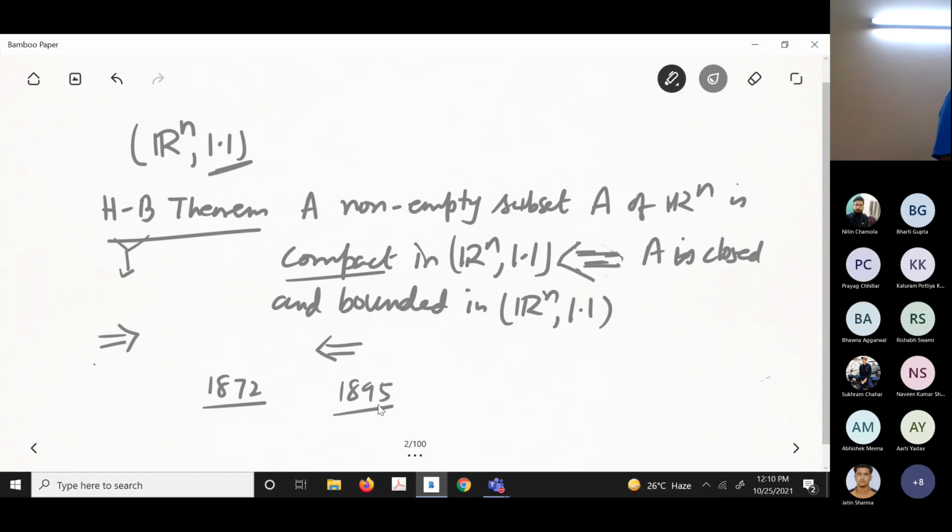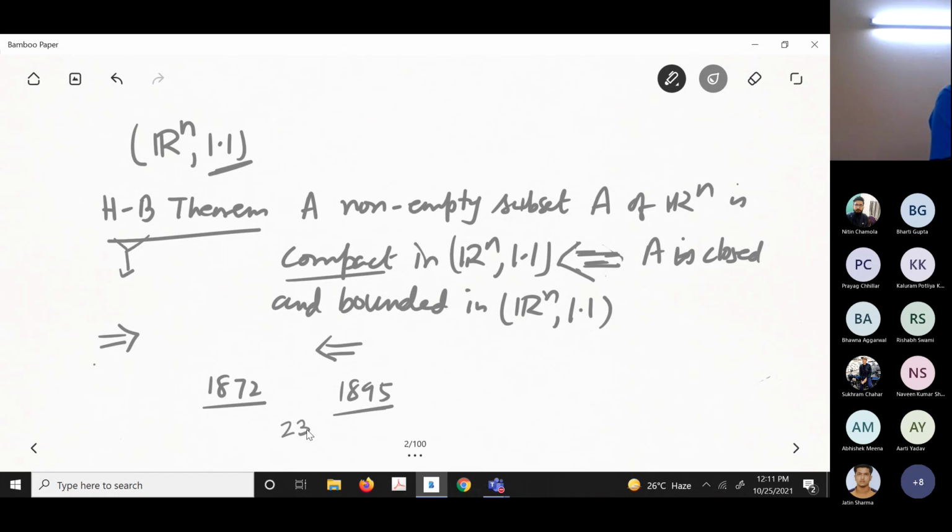So it required scholarship to discover the difference in contribution to this result between Heine and Borel. That is part of the history of mathematics. Why the two-name scheme, when it is so different, 23 years? So actually it should be called Heine's theorem.